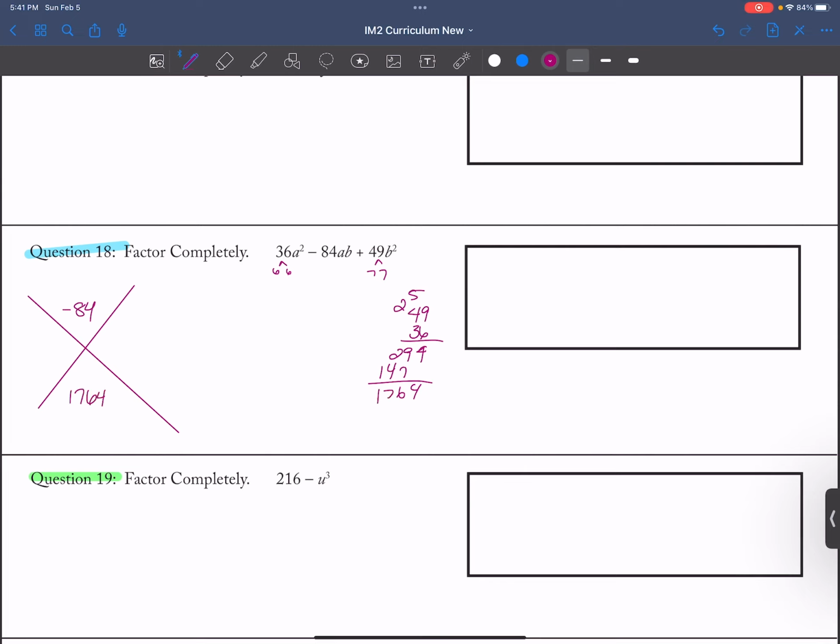Okay, so let's just be clear, which is going to be, what is that, 42? So in the end, I'm all for drawing the square or the box or whatever, or the X. But this is really 6a minus 7 times 6a minus 7.